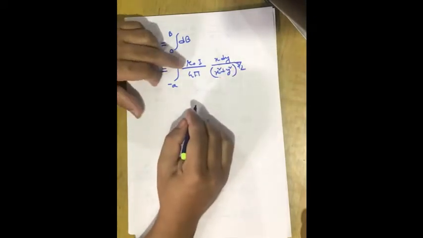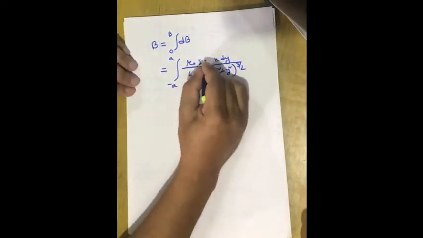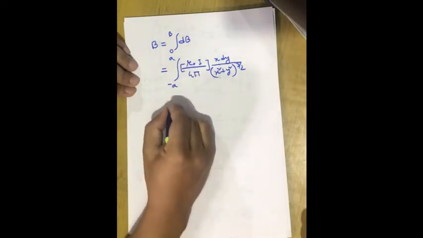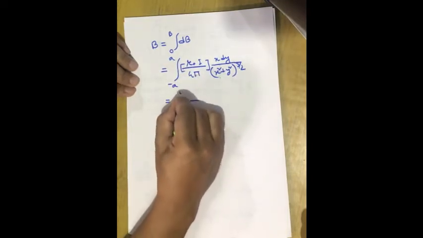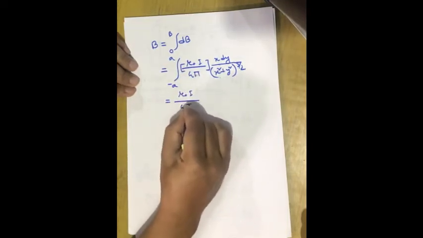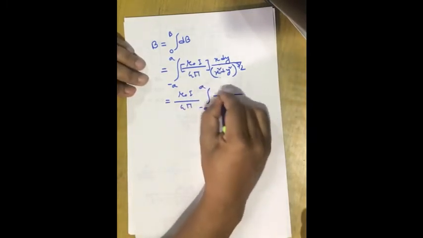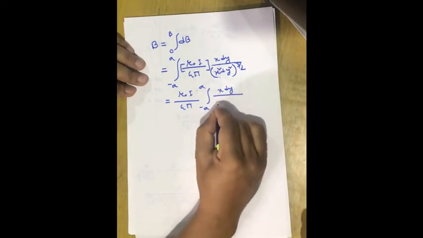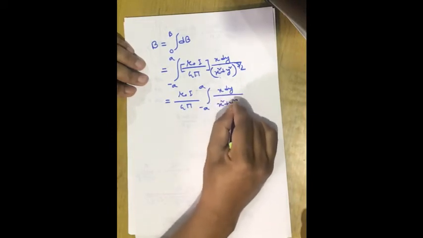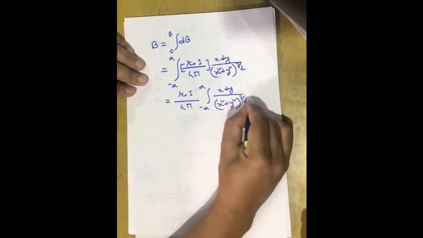Okay, so here mu naught, I and 4 pi are constant terms, so we can take them out of the integration sign. Mu naught into I divided by 4 pi, integral from minus a to plus a of x dy over x square plus y square to the power 3 by 2.